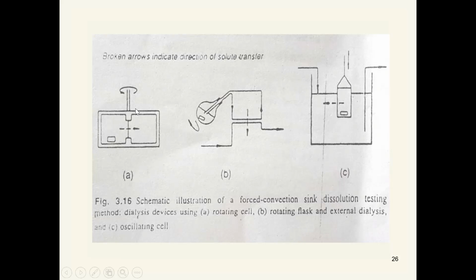The total assembly is rotated at 15 rpm. After that, samples are withdrawn from the distal end at appropriate intervals, collected, and analyzed.